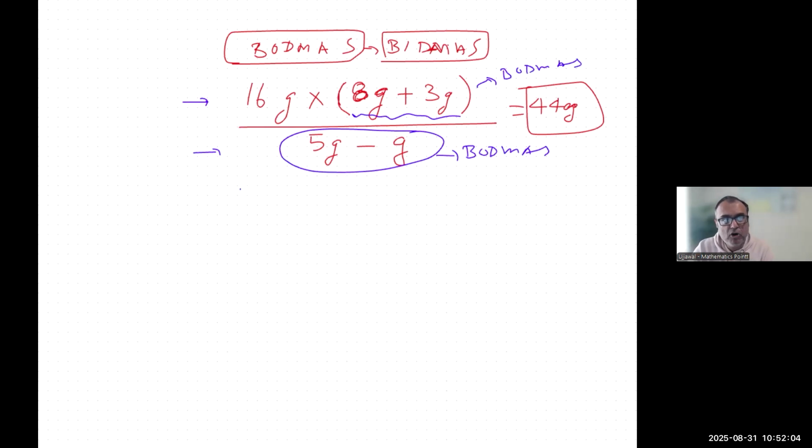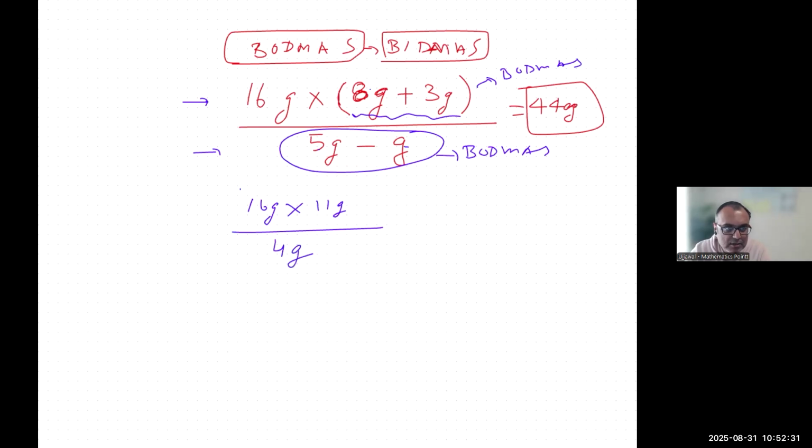So let's apply the BODMAS on the top, on the numerator. 16g stays as is, times 8g plus 3g makes it 11g, over 5g take away g is 4g.